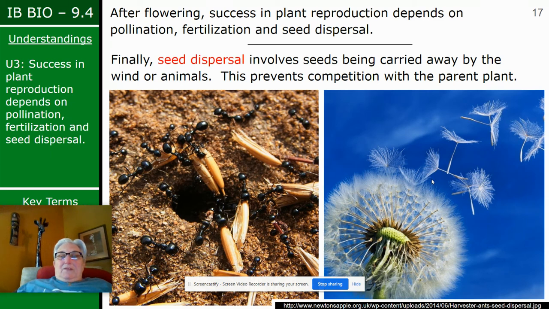So seeds get carried by the wind to other places. That's why with dandelions, once you start seeing these on lawns, if you don't take care of them and get rid of them, they'll take over the whole patch of grass. So you have to kind of watch those.